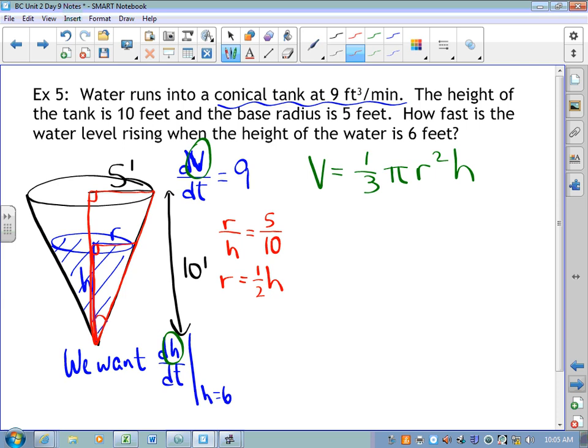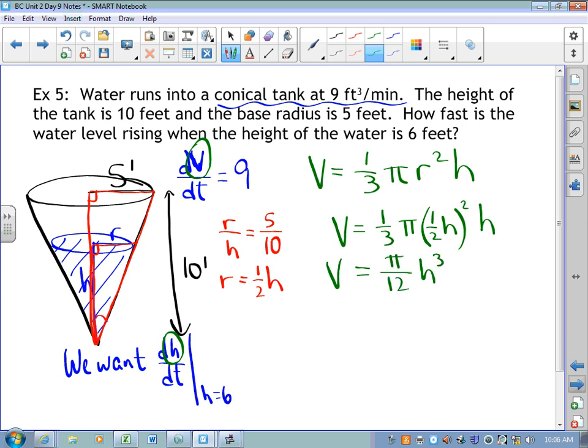Not only is the base radius half of the height of the whole cone, but as the water cone grows, its radius is always half of its height. And so I can rewrite this as 1/3 pi times 1/2 h squared times h. Or if you like, pi over 12 h cubed.